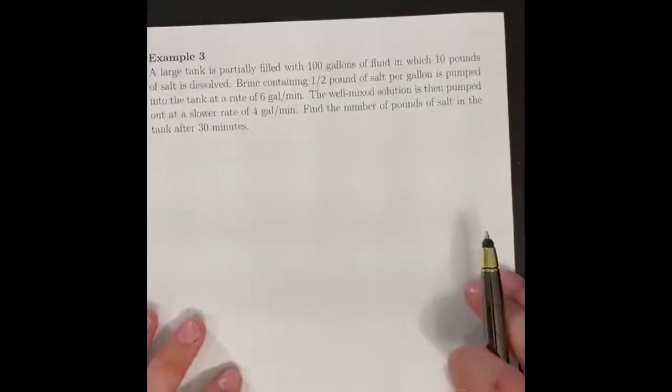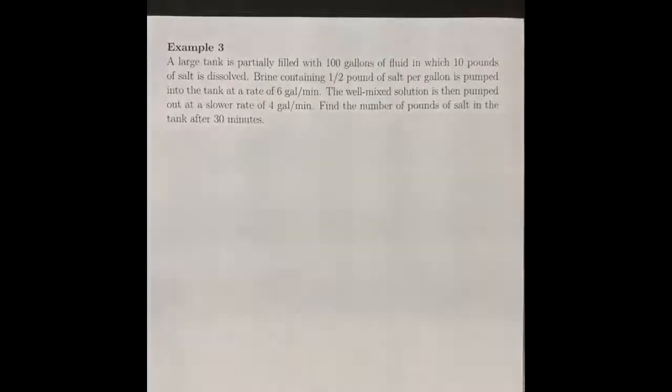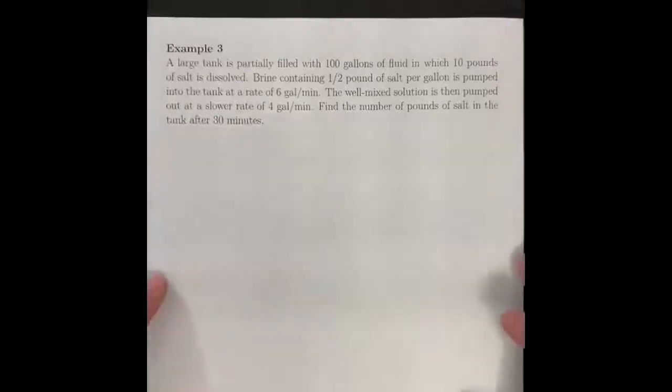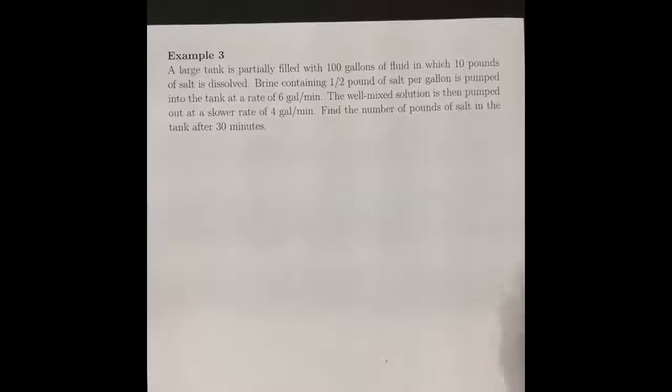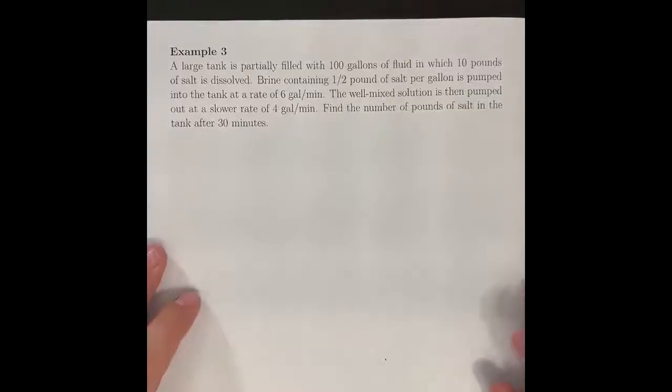All right, so let's take a look at this last example here in the last few minutes. Another example in this section is when dealing with tanks of liquid. You can think of a big tank of liquid.